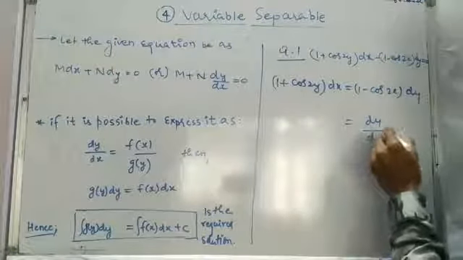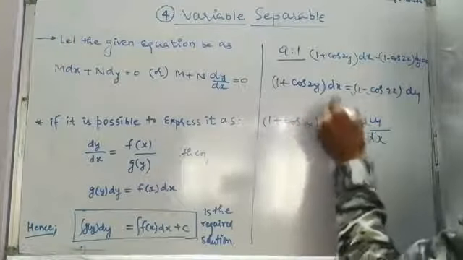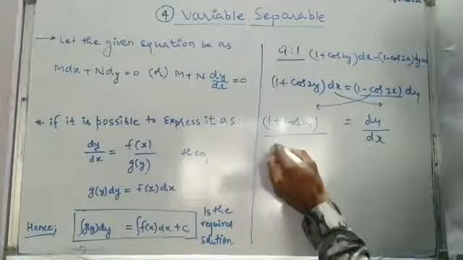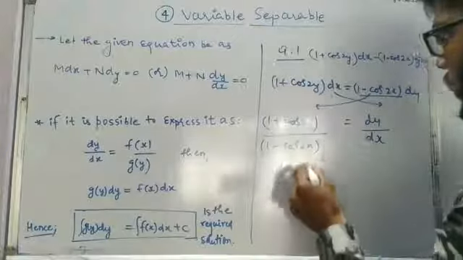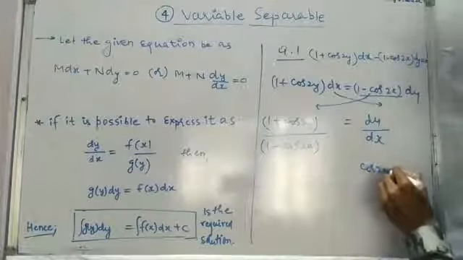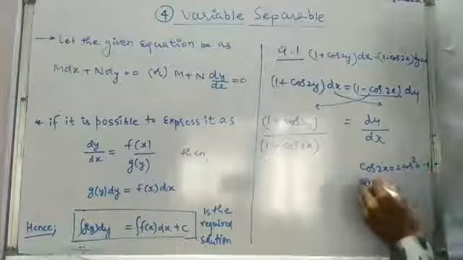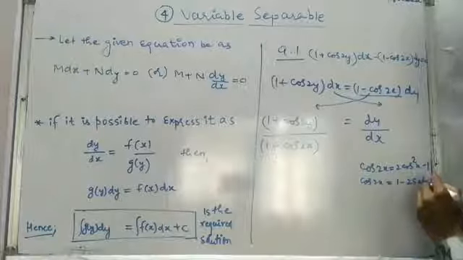So 1 plus cos 2y, and this particular term I'll take on this side. So this is going to be 1 minus cos 2x, and we can write cos 2x is equal to 2 cos square x minus 1, and also cos 2x we can write as 1 minus 2 sin square x.